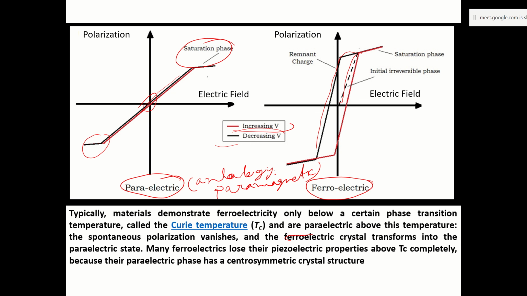So there is no remanent polarization in a paraelectric, just as in a paramagnetic there is no remanent magnetization. So this is a parallelism you can see between ferromagnetic, paraelectric, paramagnetic. The only thing is that the field applied is different.